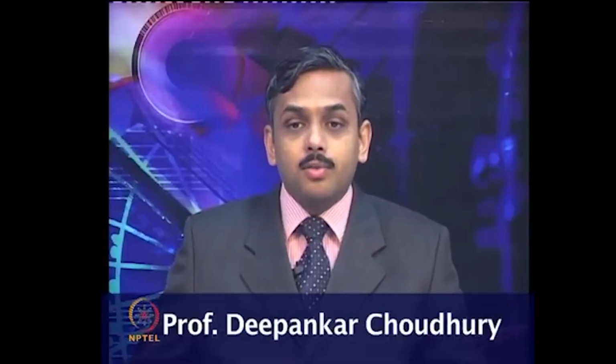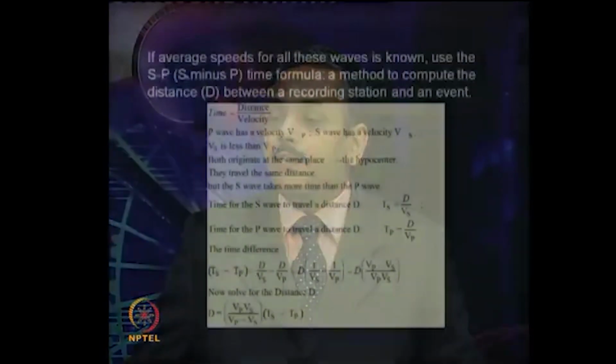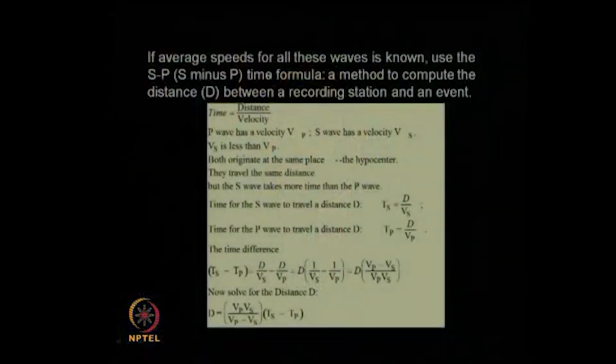Next, how to calculate the distance from that seismograph station to a possible epicenter. If the average speed for all these waves is known, then use this formula of S minus P, that is arrival time of shear wave minus arrival time of P wave, the time formula method.